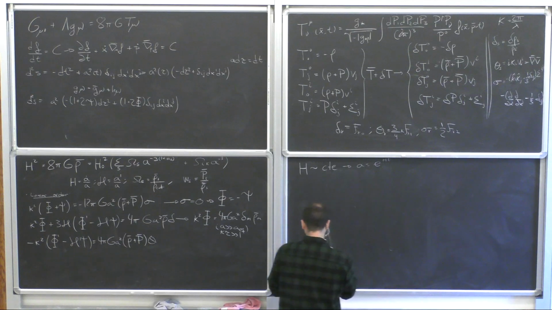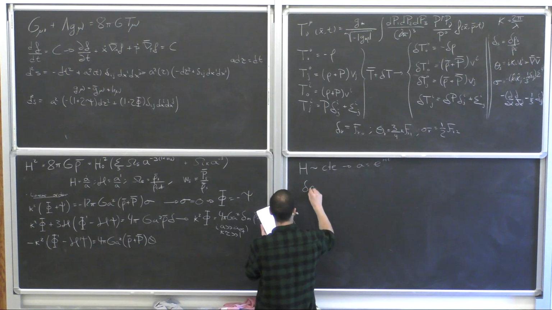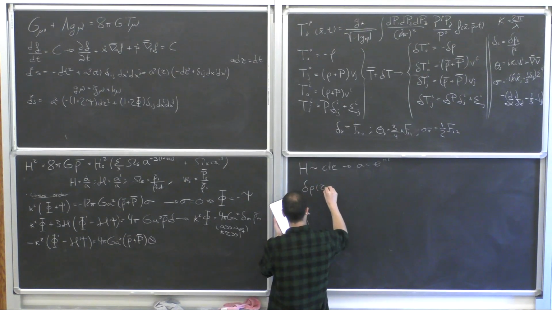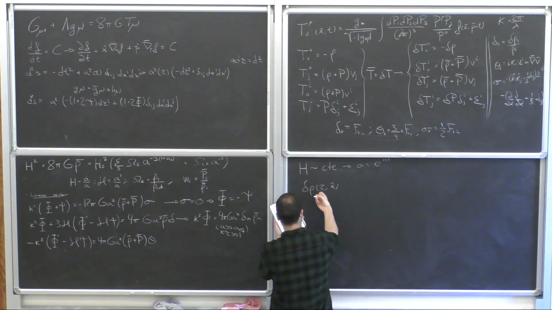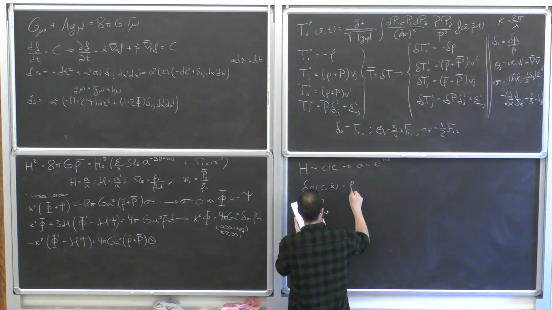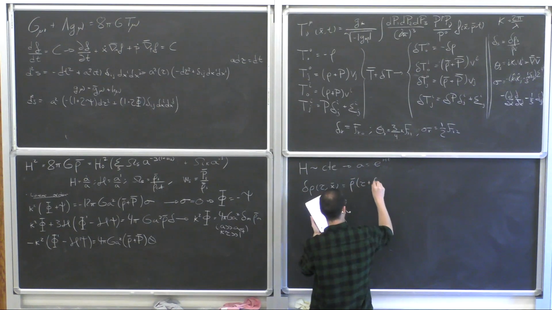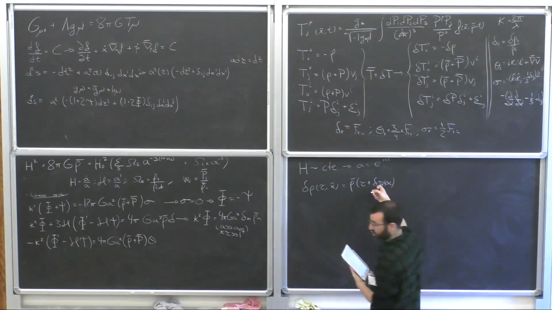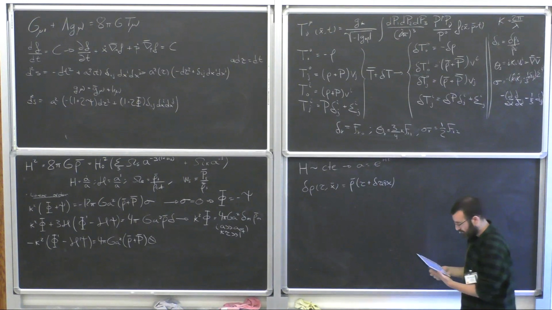Adiabatic perturbations are defined as being just that: all perturbations at that moment in a single space, at a given conformal time, can be described as some small time shift. And the time shift is a function of position because it's related with the perturbations in the scalar field.